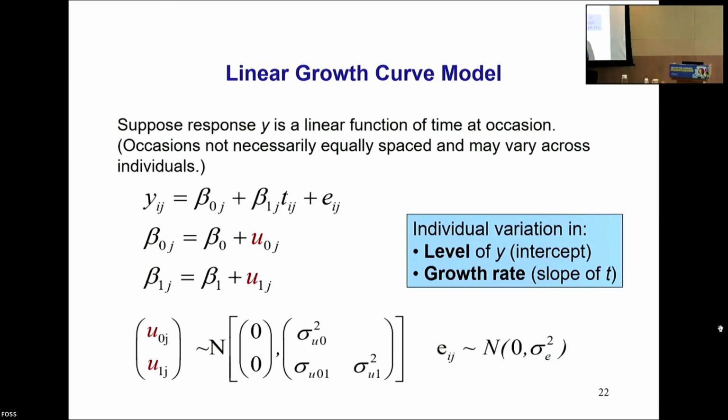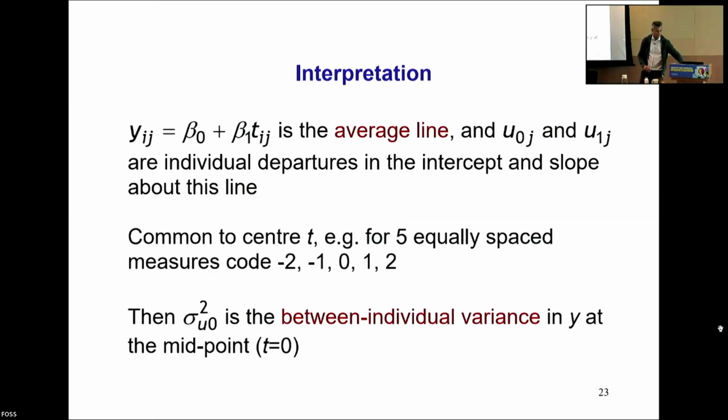If you remember last week, for positive correlations between the intercept and slope variances at the group level, the lines are fanning out, so they're becoming wider as X increases. But for negative correlations between the intercept and slope residuals at the group level, the lines are fanning in as X increases. We'll observe that in some of the practicals that we do.